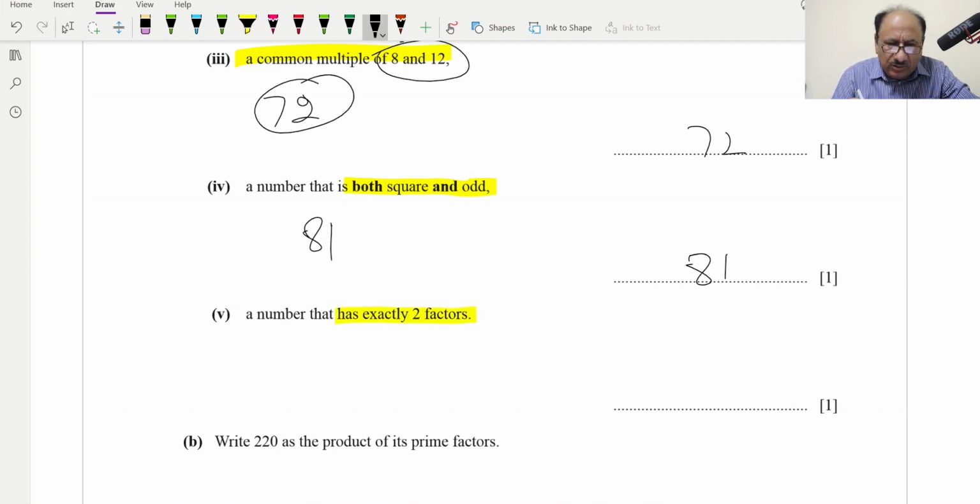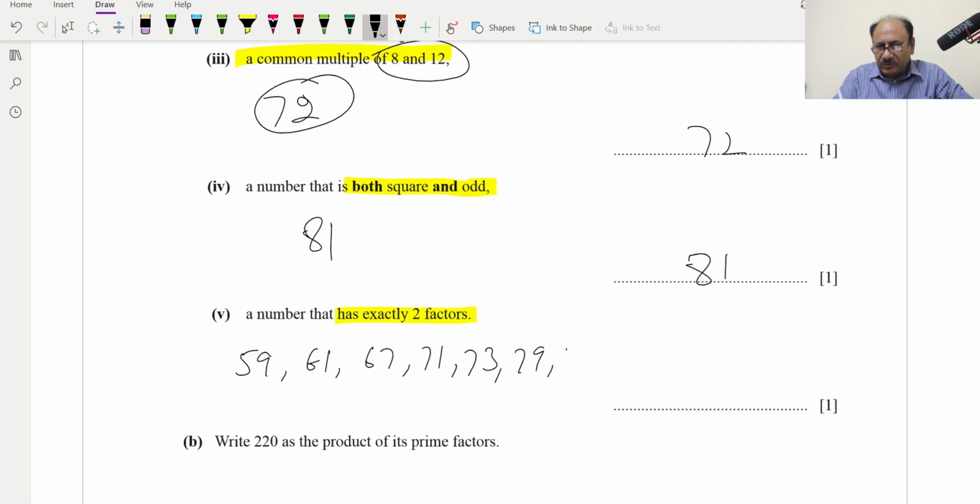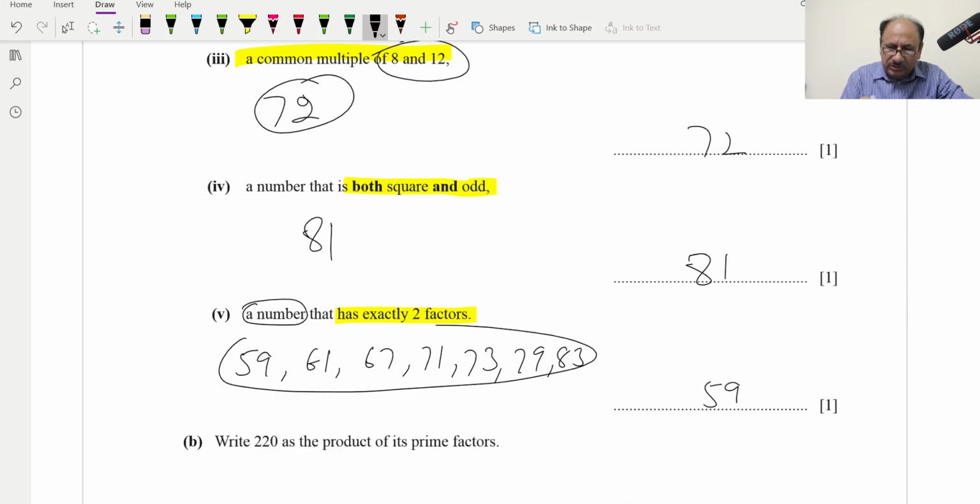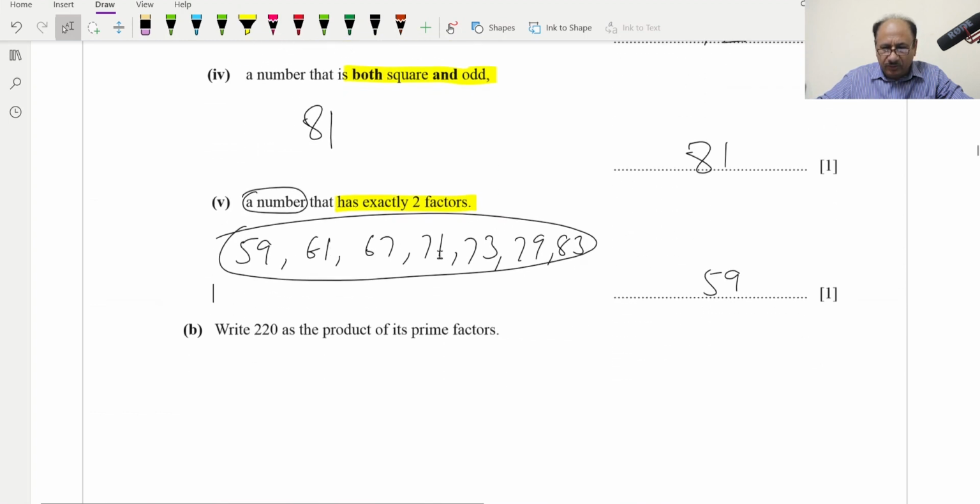For example, 59 has two factors, and 61, 67, 71, all these numbers have two factors, and 83 like this one. We need to mention only one number, so any one, so I will write 59. I have written this for your explanation, so 59 will be sufficient, or any one of them will be sufficient.